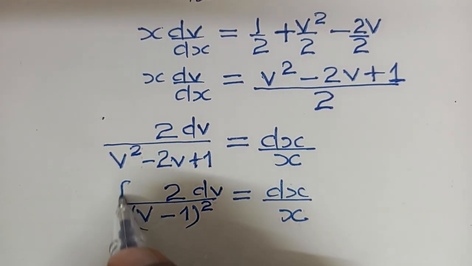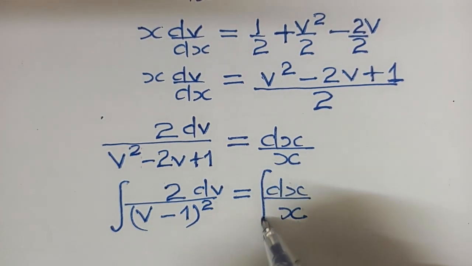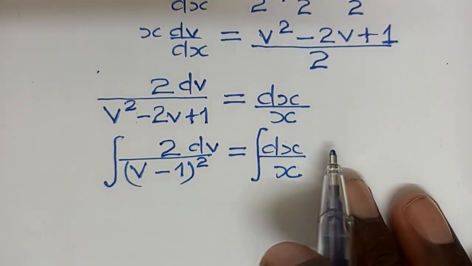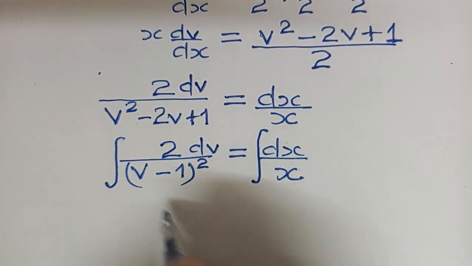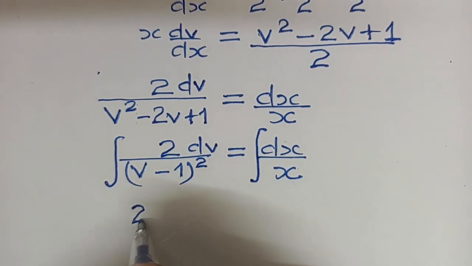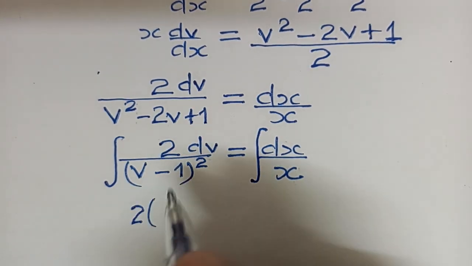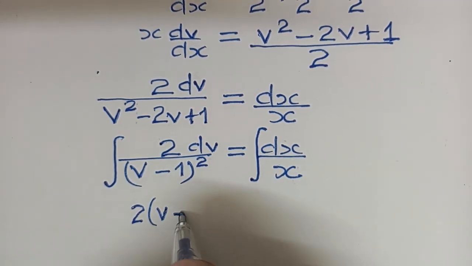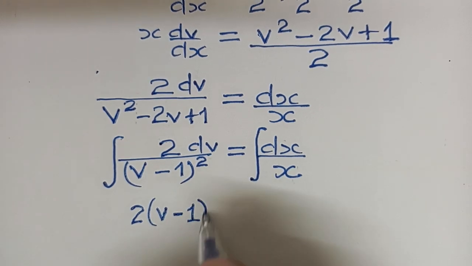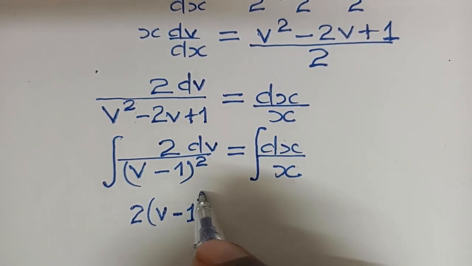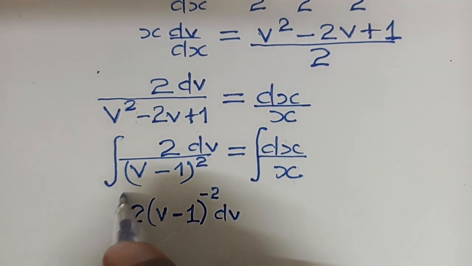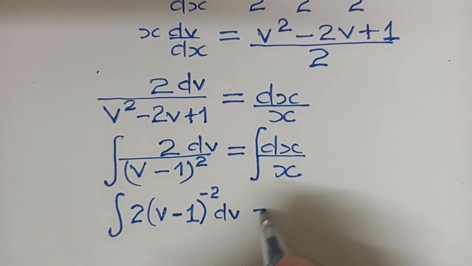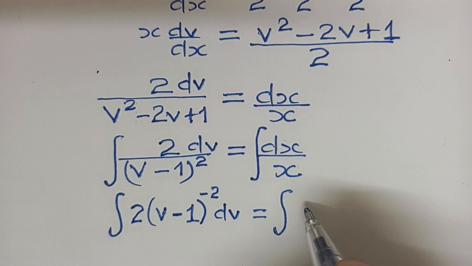Now we can integrate both sides. By so doing, we can write 2, bring this v minus 1 to become the numerator with a negative power, so this one now becomes negative 2. We integrate that dv, and we also integrate this 1 over x dx.